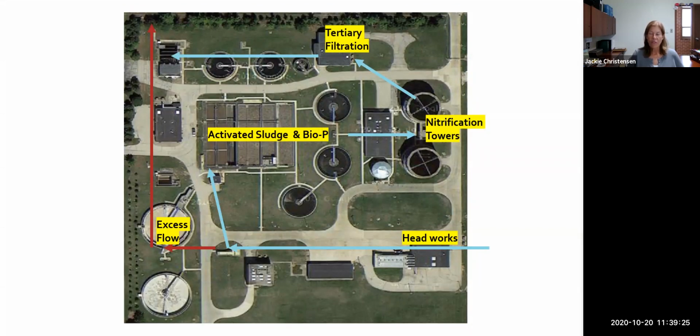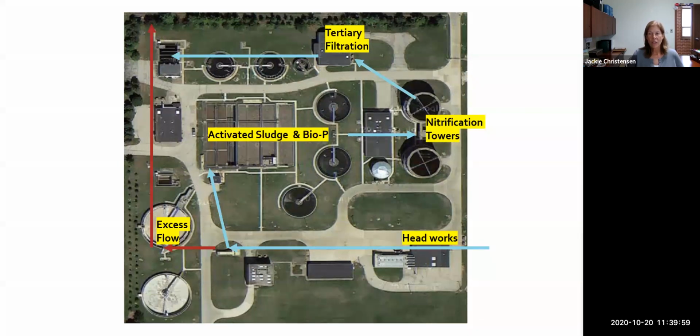Typically you would follow the blue lines, which would take you from headworks to your flow control and into your activated sludge and BioP. One thing that you'll notice about this plant is it does not have primary clarifiers. Without the primary clarifiers, it does change the game a little bit. And I think that's why they could go with such a simplified process, just a straight AO.